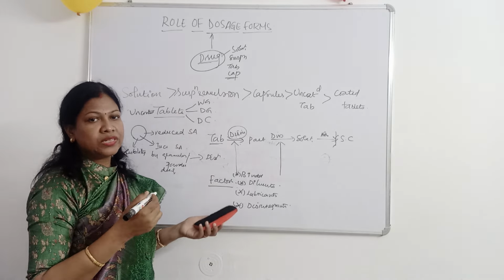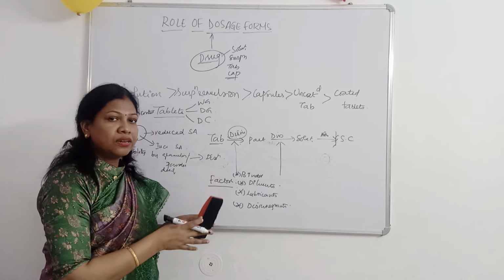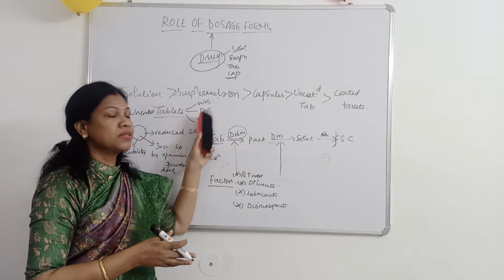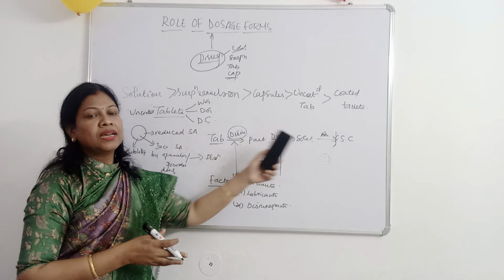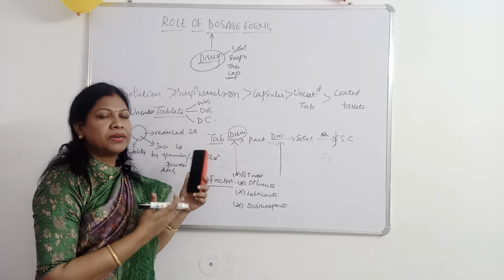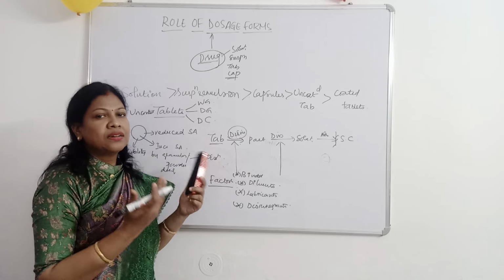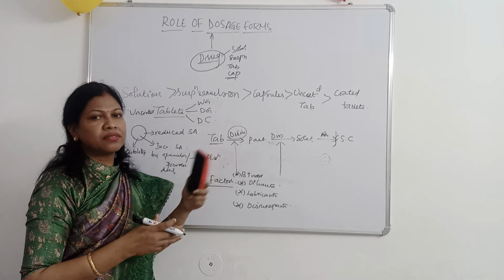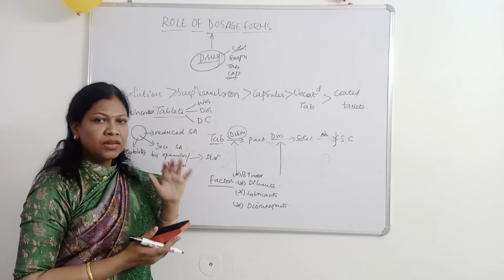The disintegrant also affects absorption, because this is also a step in tablet absorption. If you include super disintegrants, the tablet will disintegrate faster, whereas with normal disintegrants or without disintegrant, the tablet's disintegration rate will be slower.